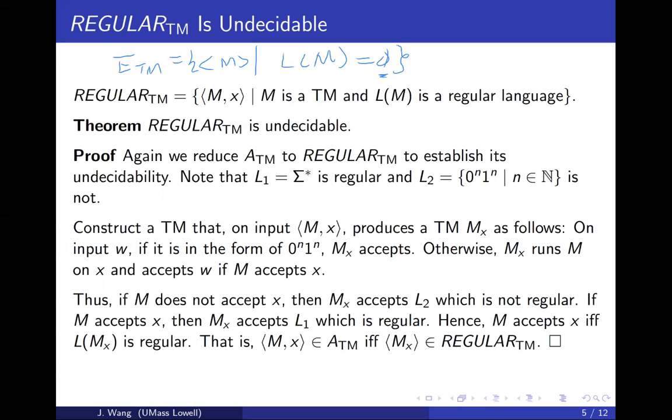So we put regular. This should be just the encoding of M. We just want to know whether this Turing machine M accepts a regular language. It is a natural generalization of E sub TM, because we know that the empty set is always regular.